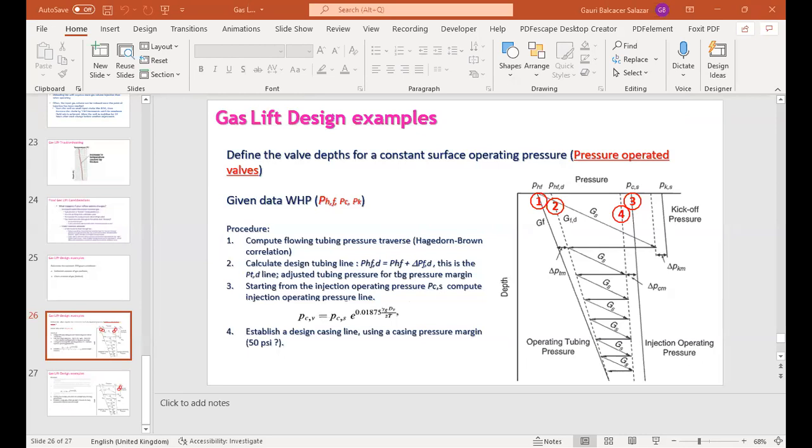With this information, we have to use the Hagedorn and Brown correlation in order to get the pressure loss in the tubing for this type of fluid with these conditions.